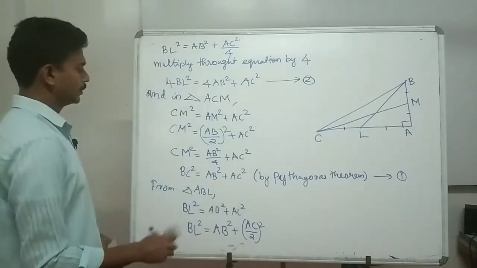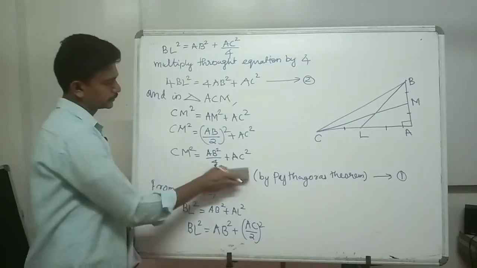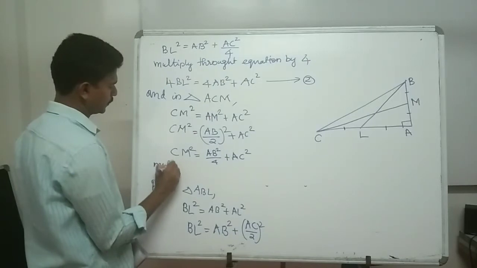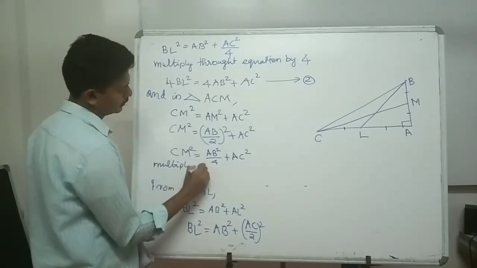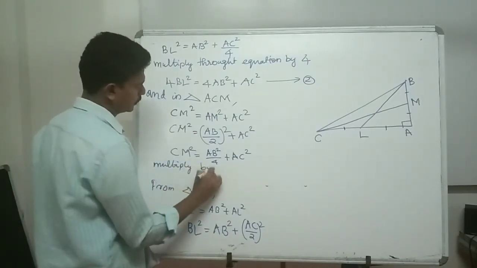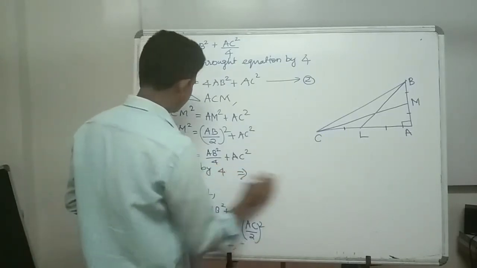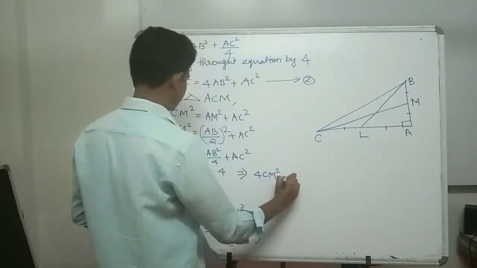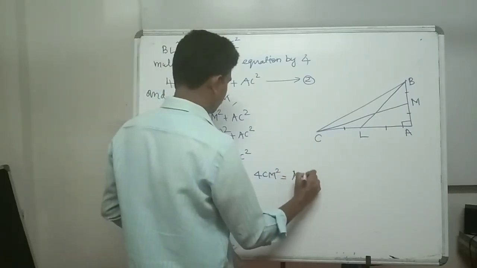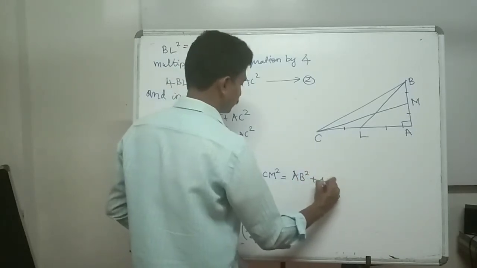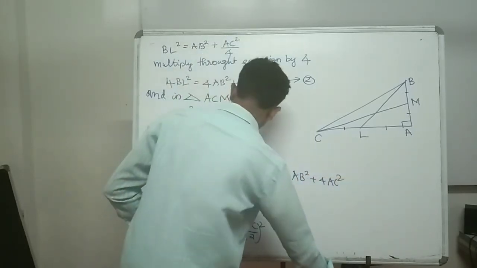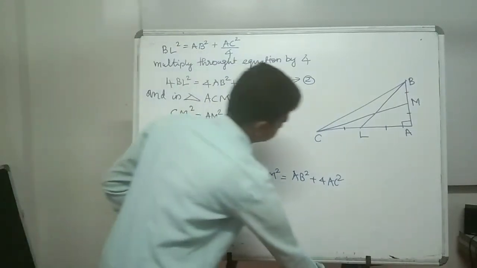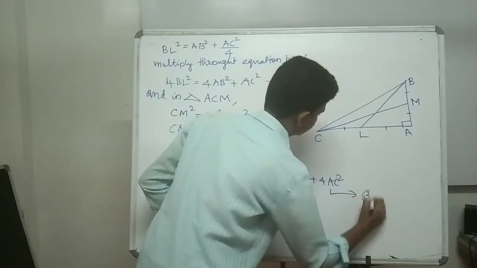Then we multiply throughout by 4. When we multiply by 4 we get 4CM square is equal to AB square plus 4AC square. This is our equation 3.